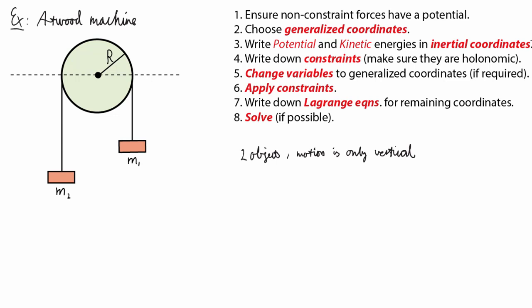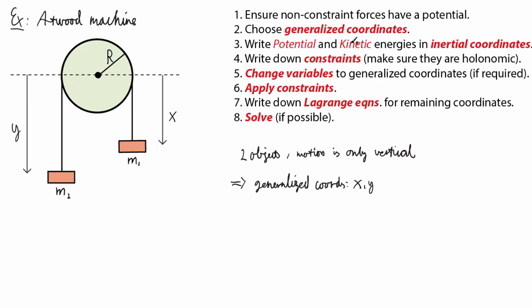We're going to use the same generalized coordinates that we used when we solved this earlier using the energy approach. So I'm going to take them to be these two values here. I'm going to call the distance from this midline down to the first mass x, and I'm going to call the distance on this side y. Those are my generalized coordinates. Now, y and x are not perpendicular to one another, but nothing says they have to be. That's just a convention.